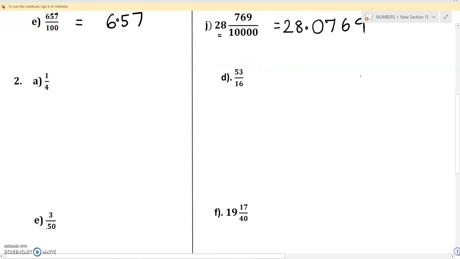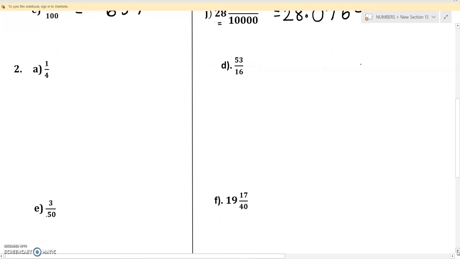So next we are going to convert the second type of fraction. In this type, the denominators will be a normal number. But in the first type, you can see that the denominator is 10 or a power of 10. But here it's not 10 or a power of 10.